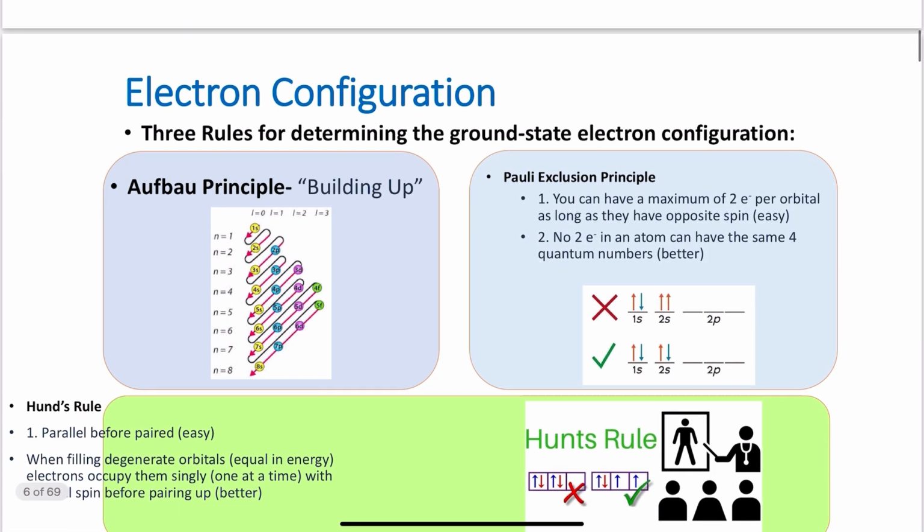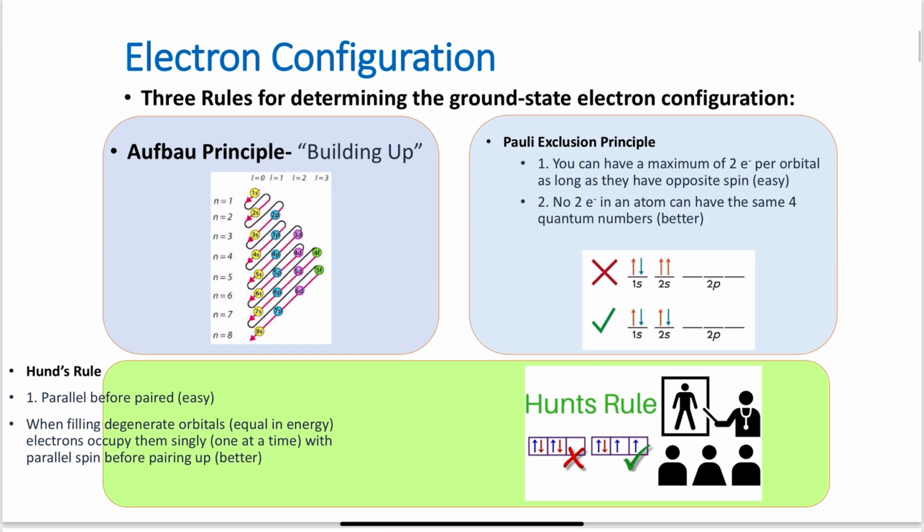So, a couple of rules we have to follow before we can actually start filling these in. We have to follow the Aufbau principle, the Pauli exclusion principle, and Hund's rule. The Aufbau principle is what we call your building-up principle. We fill lower energy levels to higher energy levels when filling electrons into the orbitals.